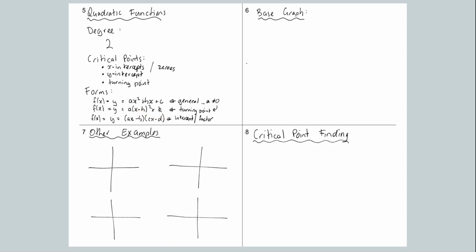Now, each of these forms have their own strengths. Really quickly, because I will spell this out in more detail in subsequent videos. The strength of this one here is that you could get the y-intercept straight up. The strength of this one here is that you can get the turning point straight up. The strength of this one here is that you can get the zeros or the x-intercepts straight up. Well, with very little work anyway.